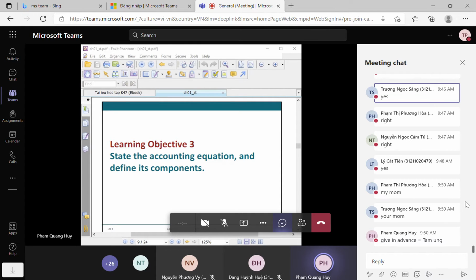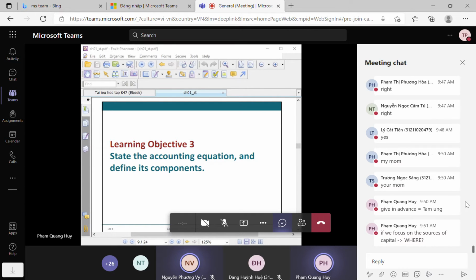And all over the world, we focus on the form of capital. We said that they are assets. And now, if we focus on the source of capital, this means you ask where you get the amount. Where do you get money?